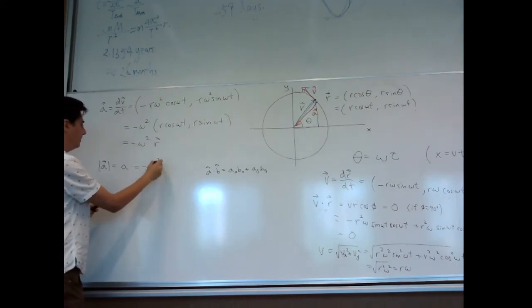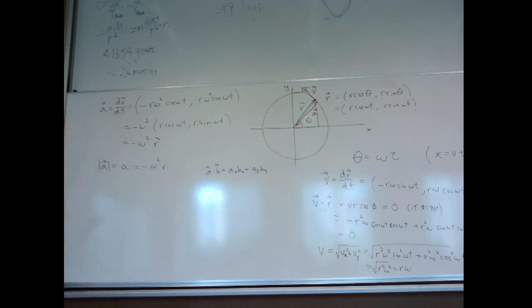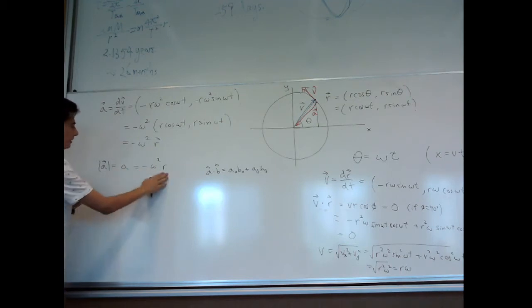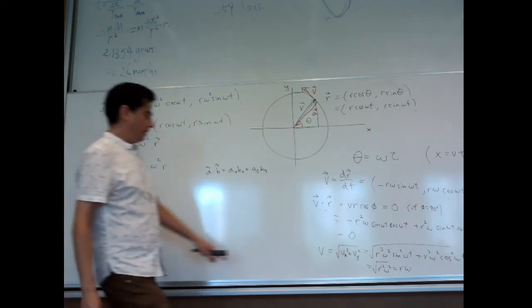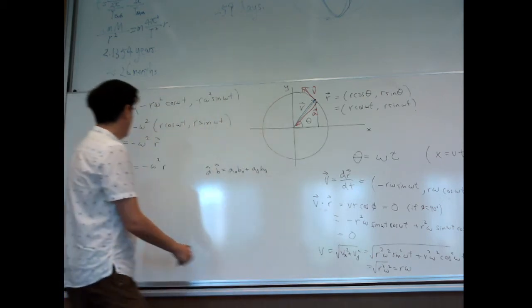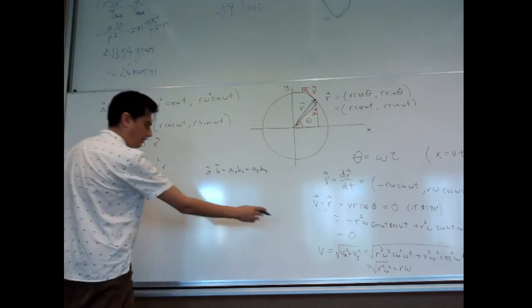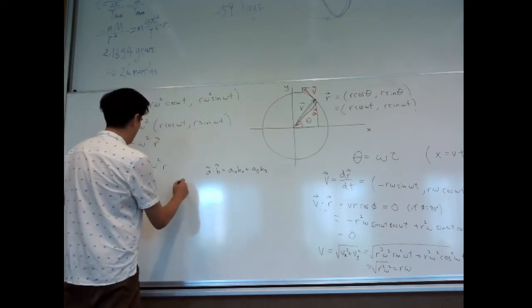So in terms of magnitudes, we're just looking at the sizes of these vectors. So A is related to R in terms of the magnitudes of the vectors in this way. But we also worked out down here that V is R omega. This is again just the magnitudes of the vectors.